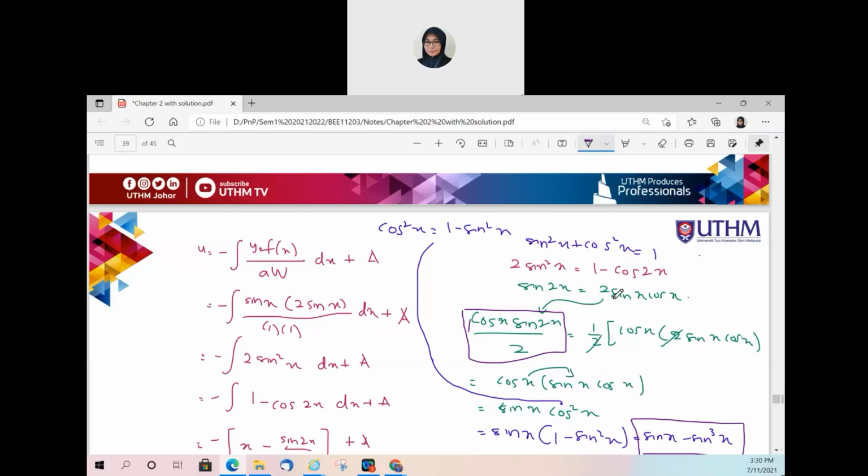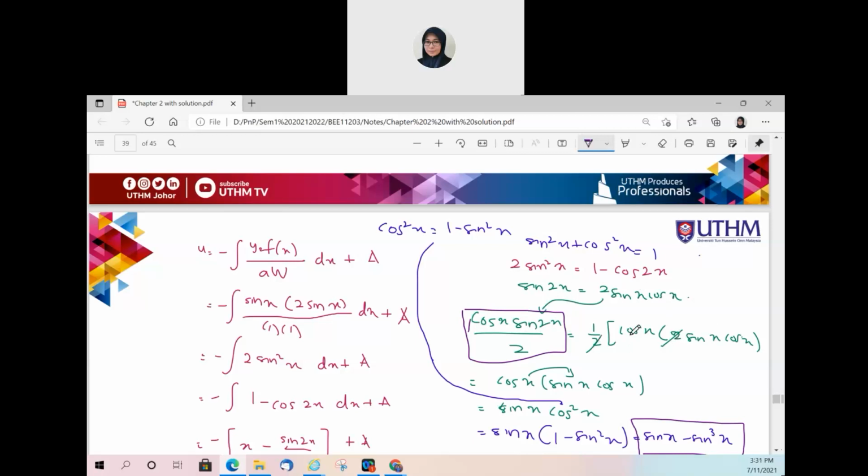Dia ada banyak jenis. You ada sin square, you ada sin 2x, you ada setengah sin x, apa semua tu kan. So you kena pandai tengok kat situ. So here you have sin 2x. So nak guna yang mana? We know that sin 2x equals 2 sin x cos x. Then you masukkan 2 sin x cos x to replace sin 2x here. So you masukkan dekat sini. Then you dapat yang ini.